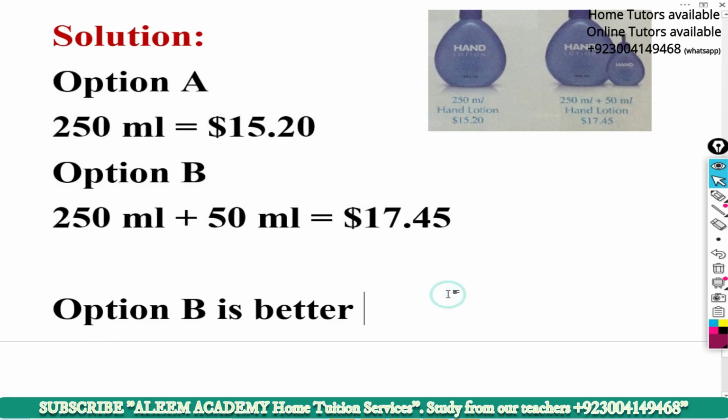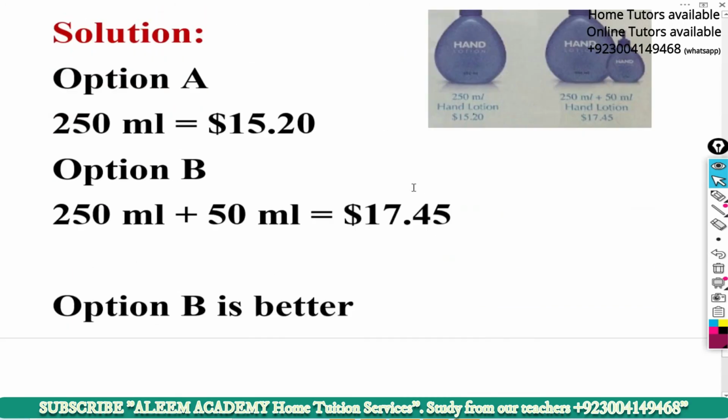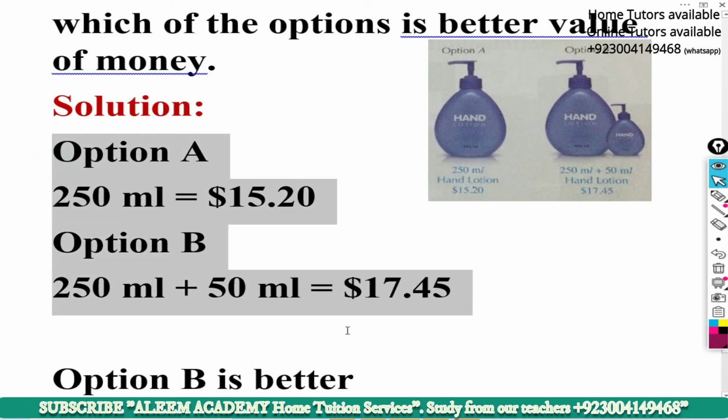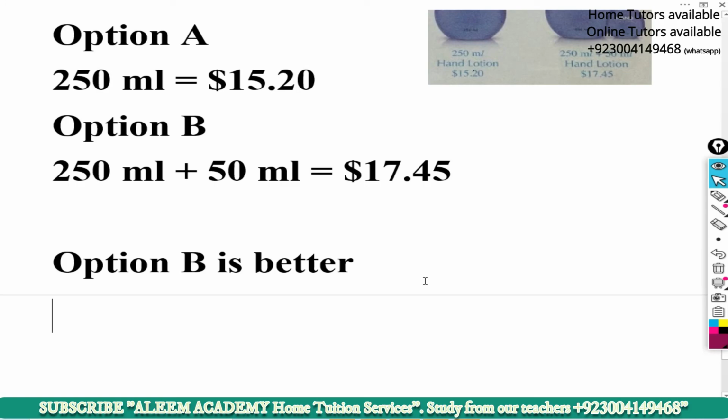You only have to decide which of the options is better value for money without using a calculator. You can do this working in rough, or in neat, it's up to you, but you do not have to use the calculator. So without using a calculator, we are getting that option B is better, and I have explained how you can do it without a calculator.